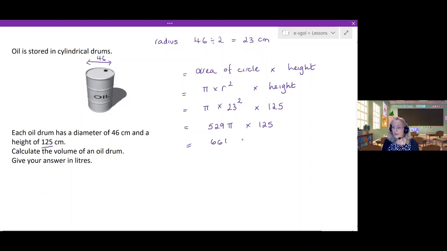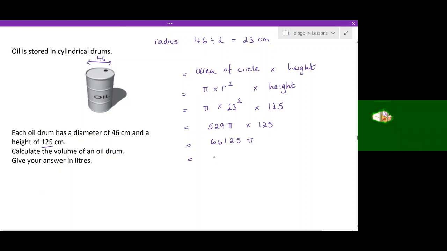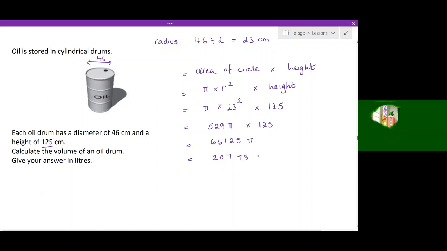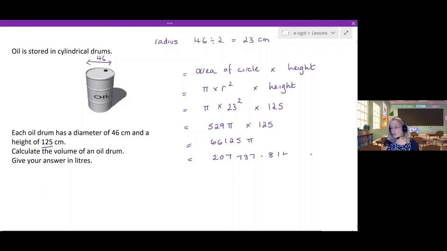And changing that now into a decimal, because I need to give my answer in litres, changing it into a decimal, I get 207,737.8142 centimetres cubed.